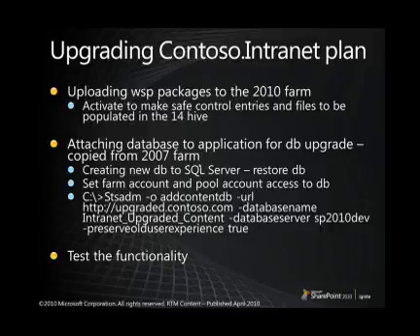Then we needed to ensure that the farm account and pool account have access to that database, and the following step is to attach that content database to the web application. In this case it was attached to http upgraded.contoso.com, and the database name, which was already located in SQL Server, was intranet upgraded content.